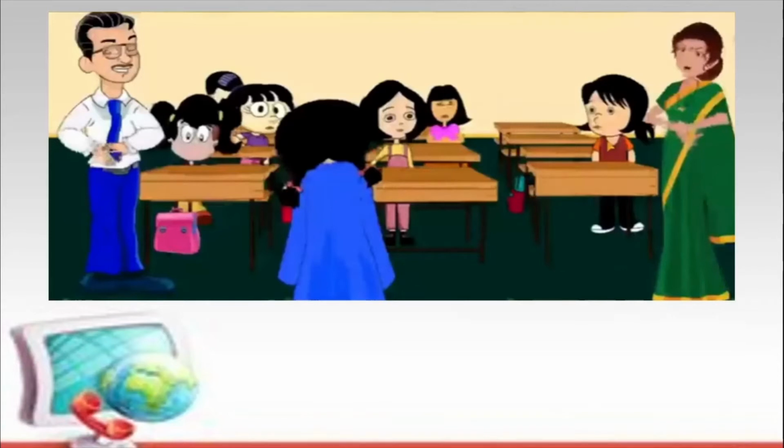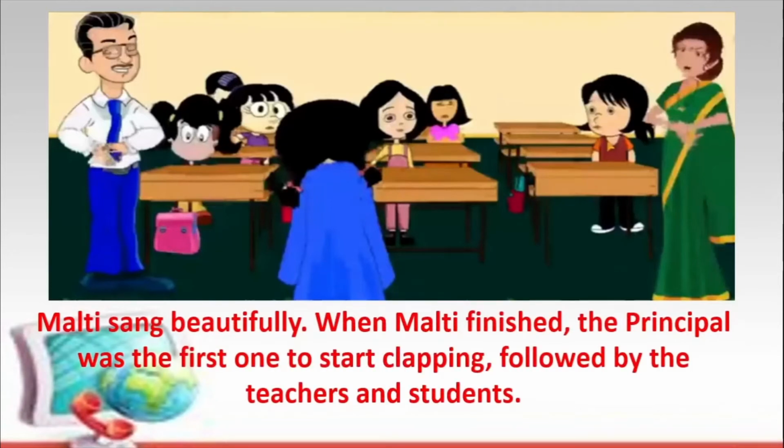And you can see the principal there, you can see the teacher there. As soon as Malti finishes singing, the principal is the first person who starts clapping for Malti. And then the teacher starts clapping, and all the other students start clapping as well. So Malti gets the first prize in the Hindi song category.